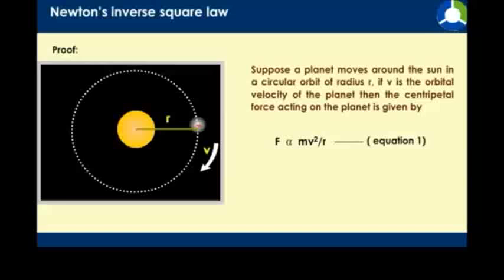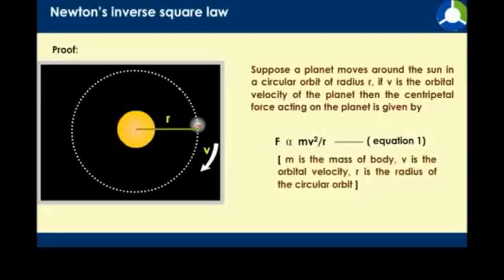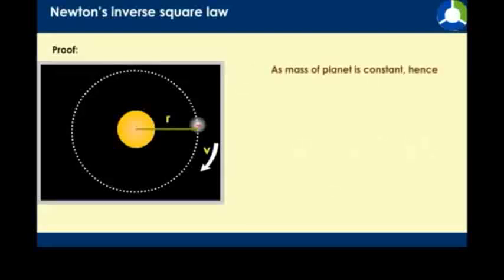Equation 1. Where m is the mass of the body, v is the orbital velocity, and r is the radius of the circular orbit. As the mass of the planet is constant, F is proportional to v square by r.